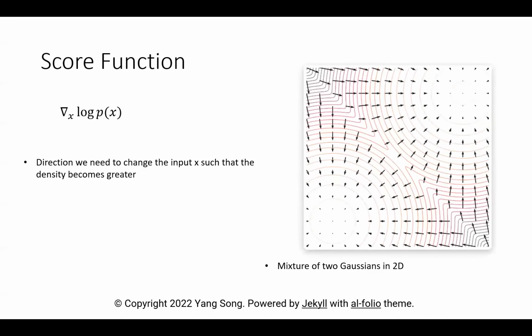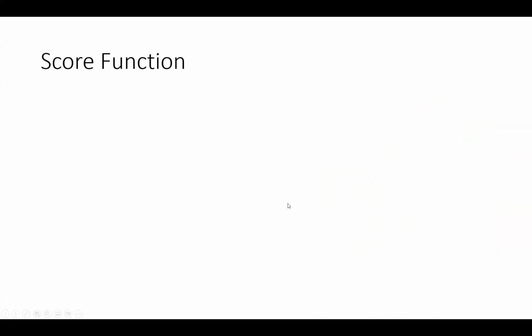Here is an example. We have a distribution which is a mixture of two Gaussians. There's one Gaussian here, another Gaussian here. This is the mean of the first Gaussian, and these equal-level concentric circles show where we have the same probability. This is X, this is Y, two dimensions. So what is the probability that we will get a sample at this location?